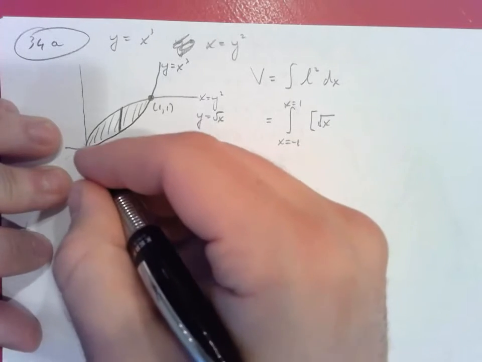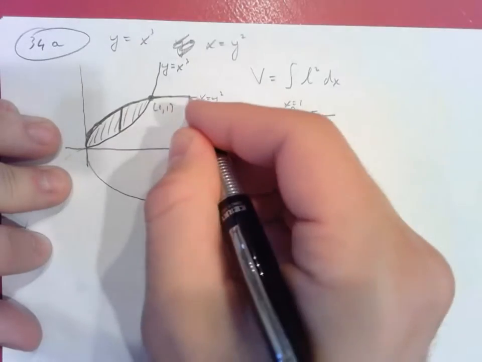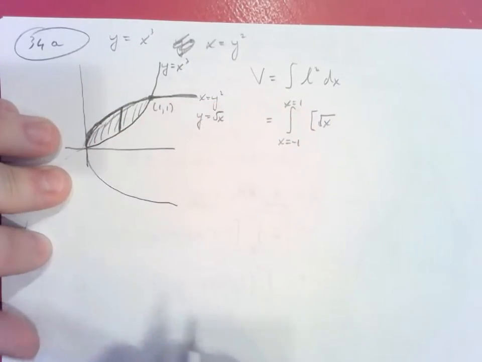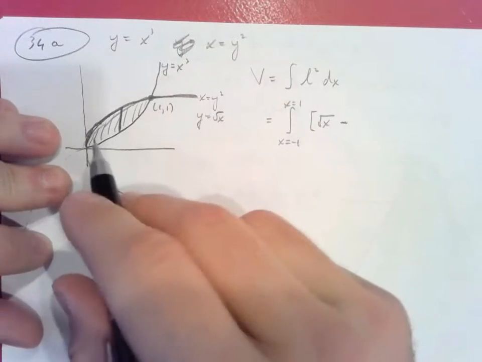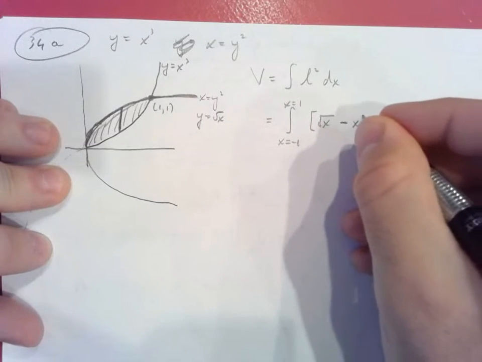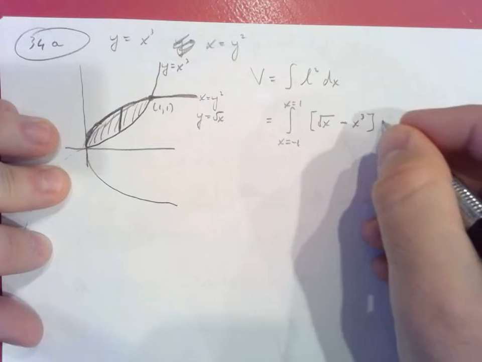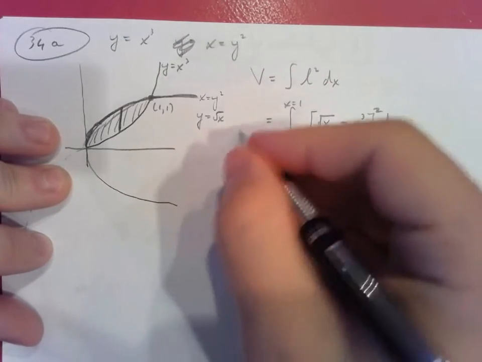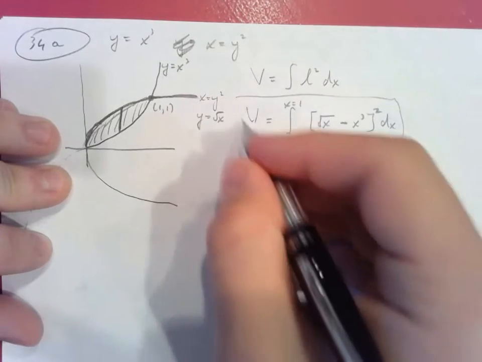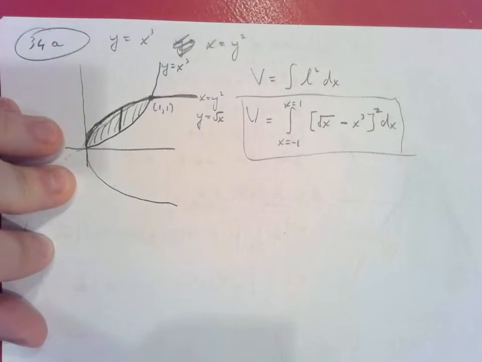Yes, exactly right. If I highlight this shape, this is just the graph of square root of x, and the bottom curve is going to be x cubed. But I square the side length, so that's the integral for the volume of this shape.